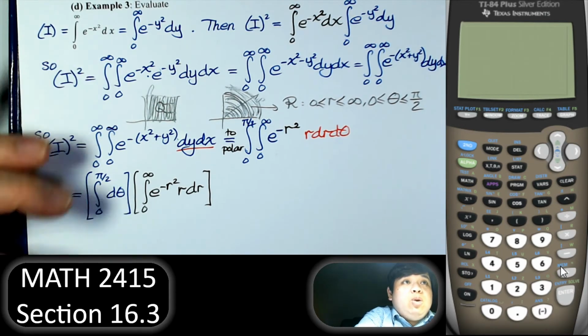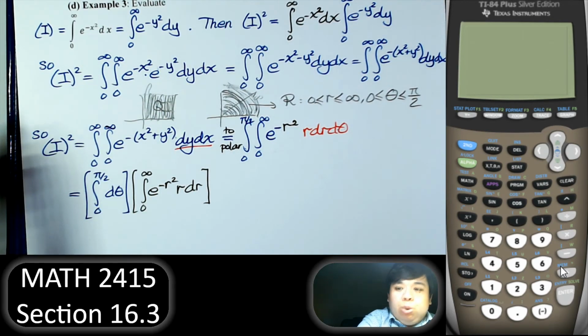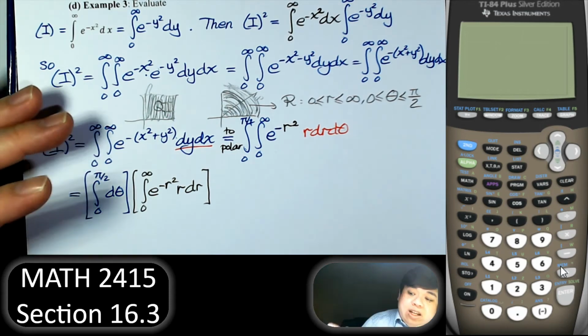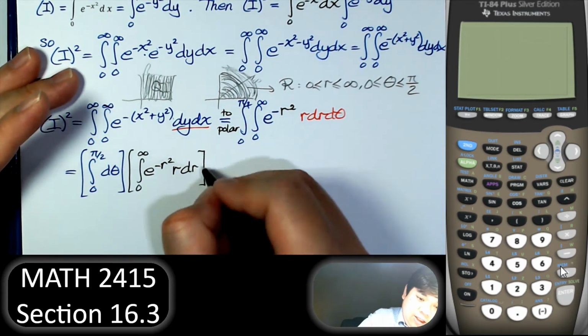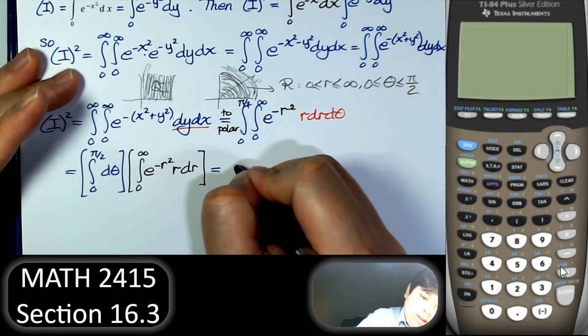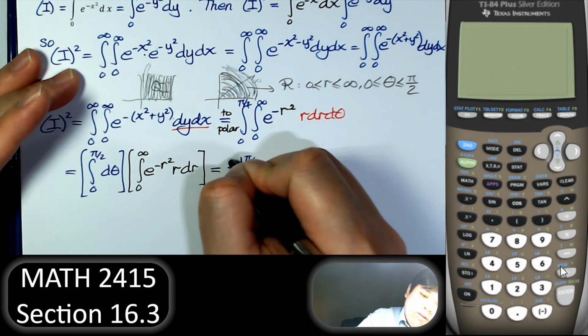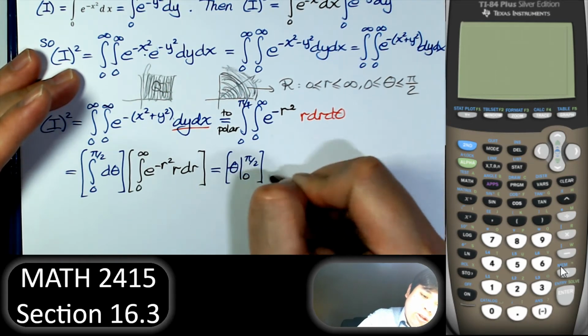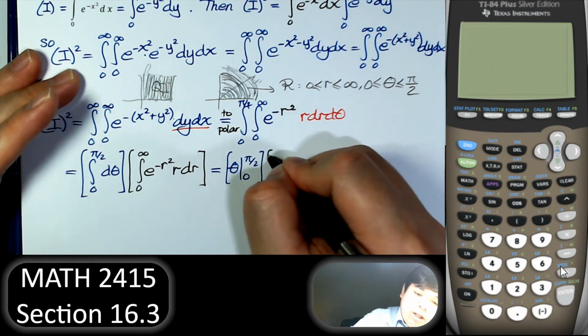For the second one, I'm going to use substitution. Like I said, there's a whole thing about improper integrals too, so let's just do that properly, since we have enough space. The first integral is just theta from 0 to pi over 2. Now, the improper integral.